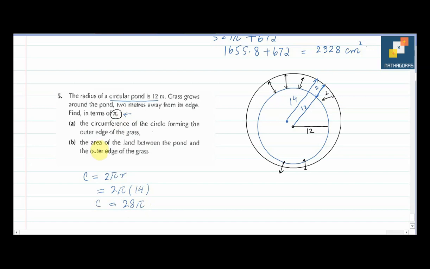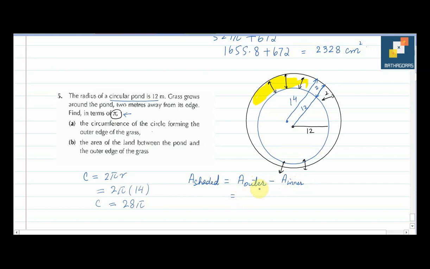Next part. The area of the land between the pond and the outer edge. Now it's asking regarding this middle area, right? So how are you going to find this? It's very simple. Area of shaded is equal to area of outer minus area of inner, right?